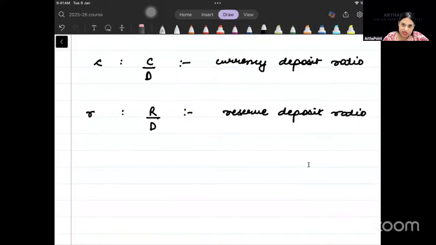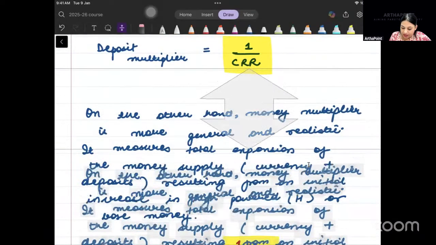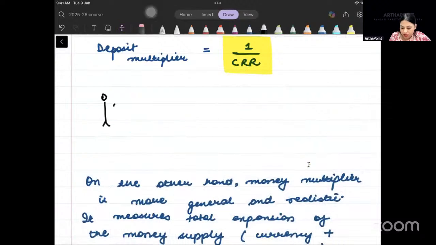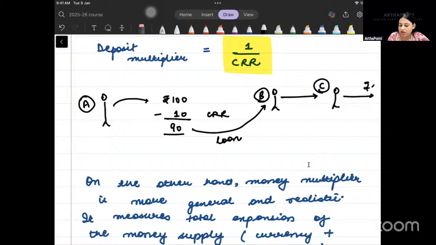So if you notice here, what is deposit multiplier saying? There is a person who deposited 100 rupees, the bank had to keep 10 as reserve, and the remaining 90 the bank gave out as a loan. Suppose this bank gave out the loan to person B, then person B spent this money and gave it to person C. C deposited this money in the bank.